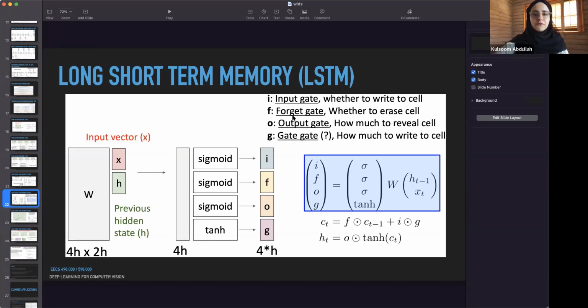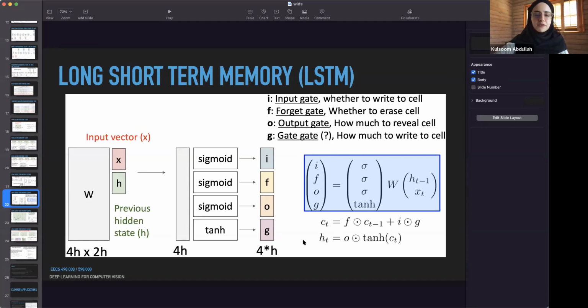The forget gate is if you want to erase it. The output gate is how much of it you want to keep. And then the gate gate, I think there isn't actually a proper term for it. That's why there's this question mark in the slide, but it's how much do you want to write?